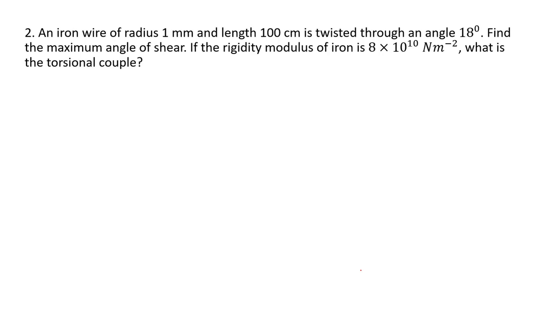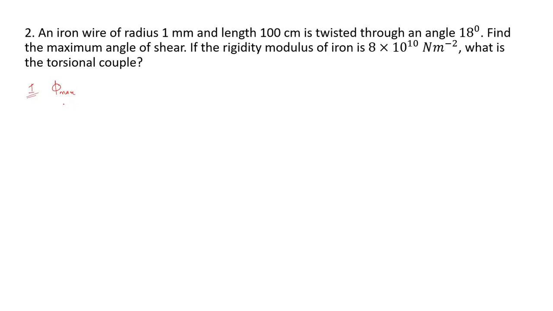What is the torsional couple? Here also we have two different parts in the question. The first question is one which asked you to find the maximum angle of shear. So phi max is the first portion we need to find.